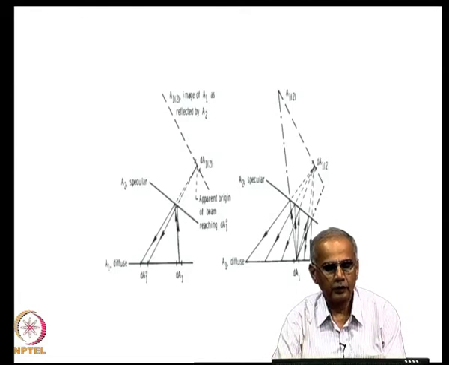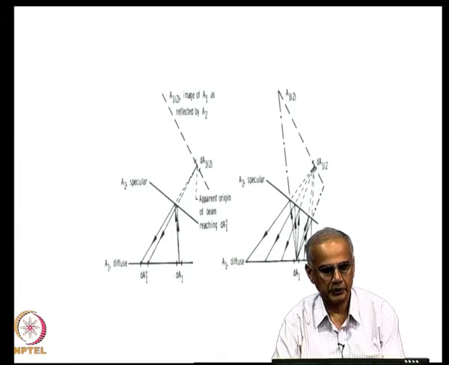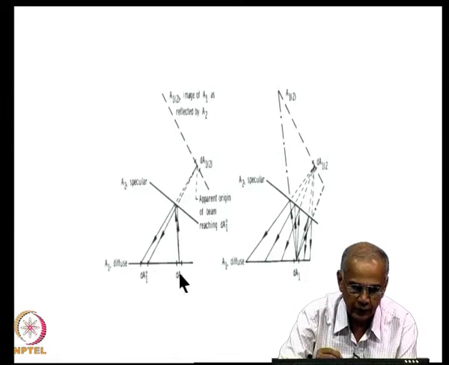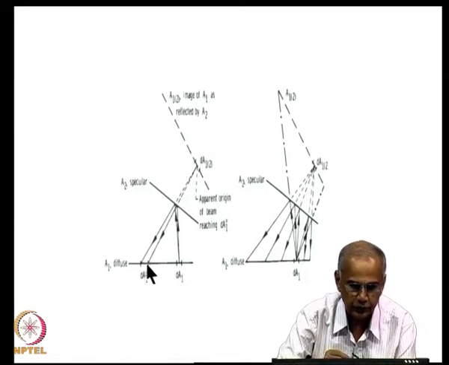Now, here what we are trying to appeal to is what is called the method of images. What it says is that radiation leaving 1 at two different angles reaches 2 and is reflected in a specular fashion to surface 1.